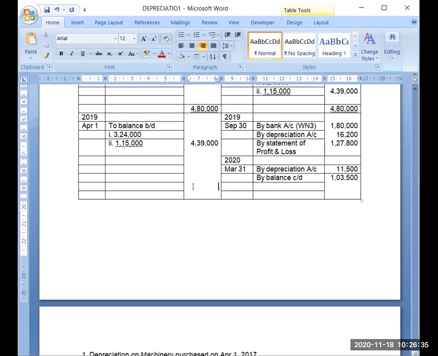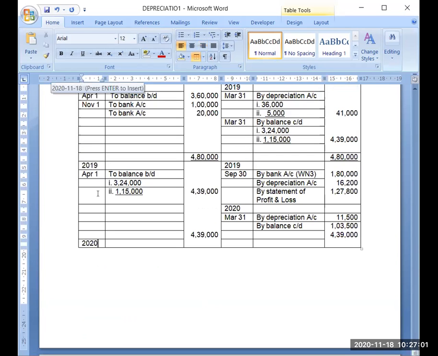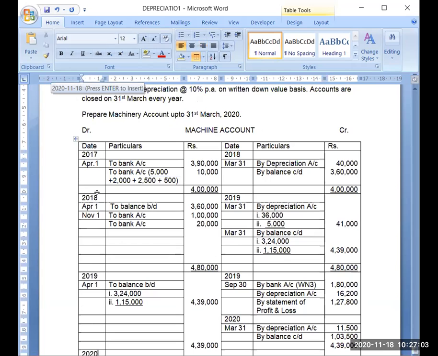We will do totaling here. So total will be 4,39,000. And we can sum up these all, so this will also come to 4,39,000. Then we will write the opening balance in the 2020 year, April 1, and this way our question will get complete.